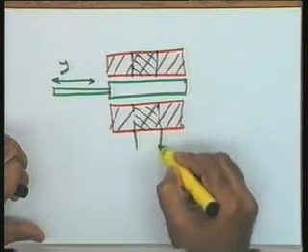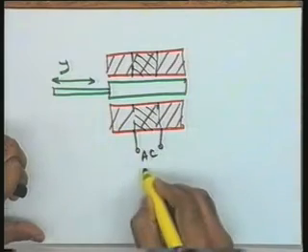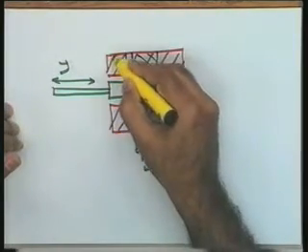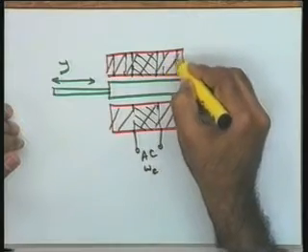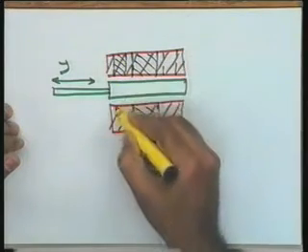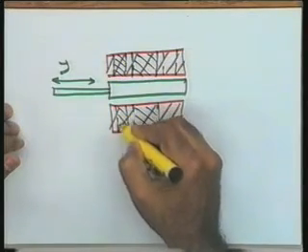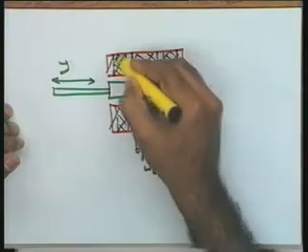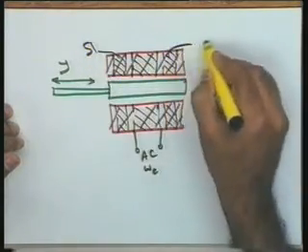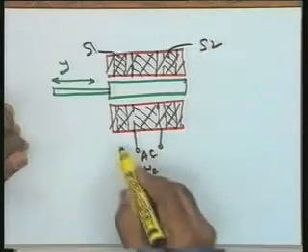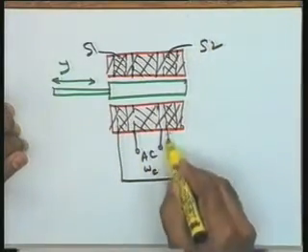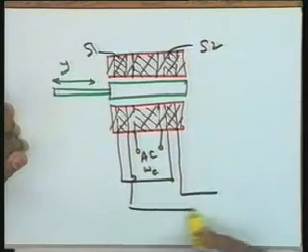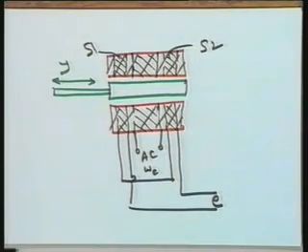To the primary winding I give the AC supply of frequency omega c, that becomes the carrier. The secondary is split into two parts. Let me call these S1 and S2, the two secondaries, and I connect them in antiphase. And this is the output E.